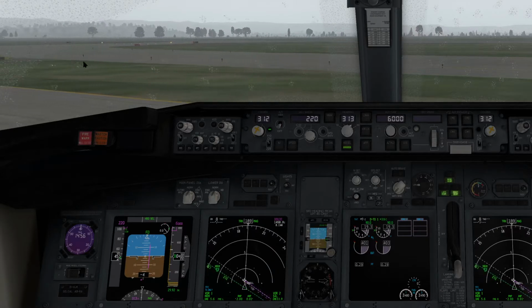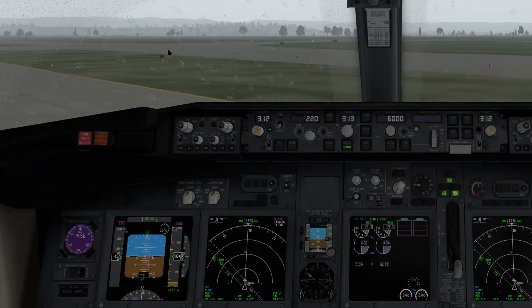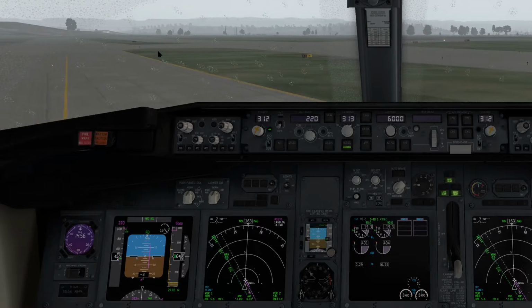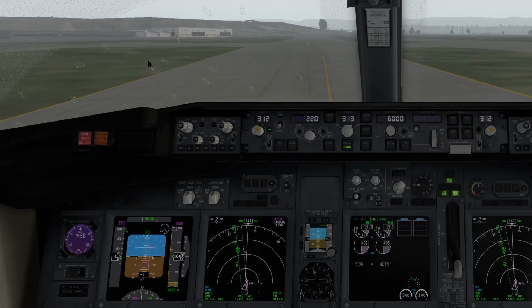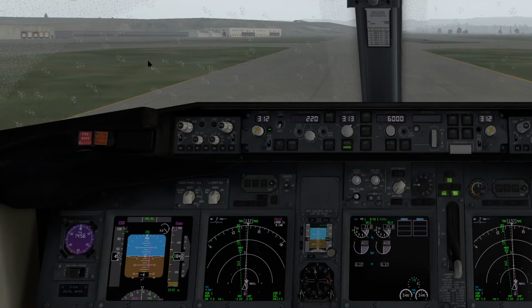There is the holding point on 3-1 right, but we are using 3-1 left. So thrust at 25.